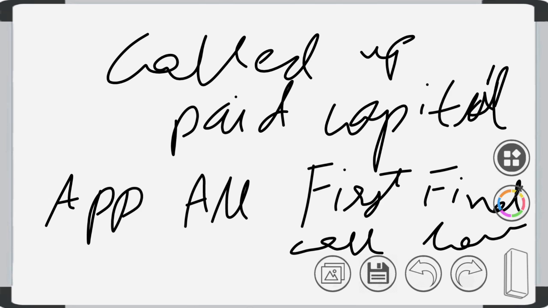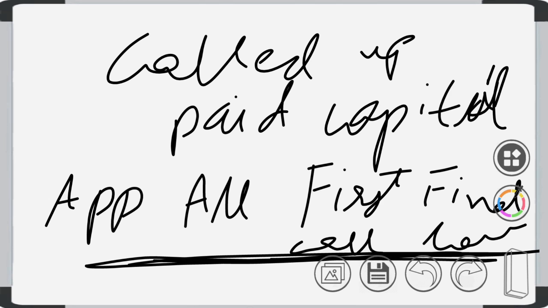When the company calls up these installments, this is called called up share capital.